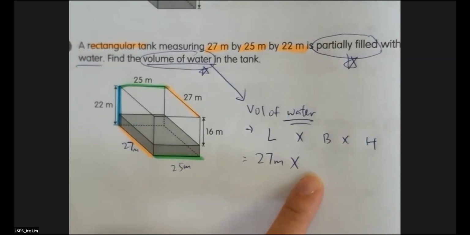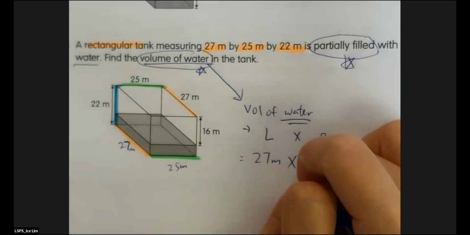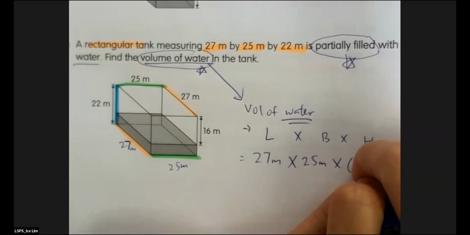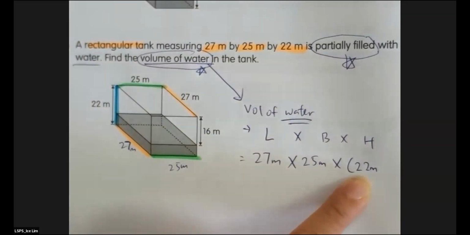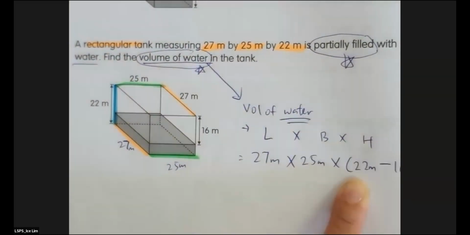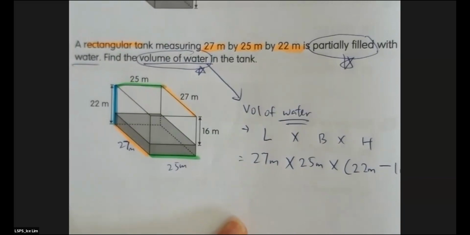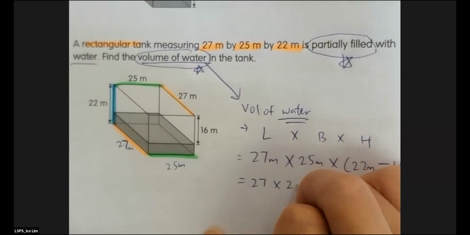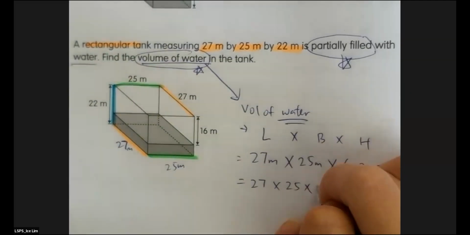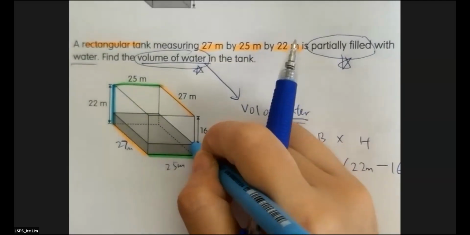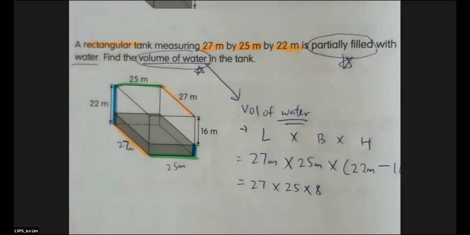How do you get 8 meters? Very good. So tank is 22, but I must minus the empty one. I don't need the empty space. Then I just get the height of the water. This is 8. Can you understand?